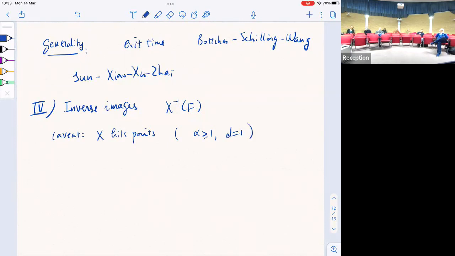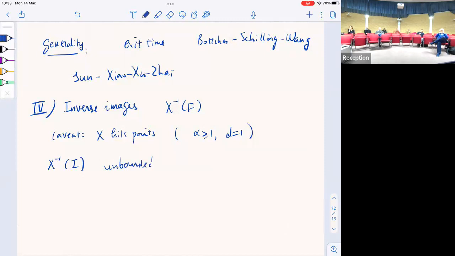So we consider recurrent processes. And typically in this case, the inverse image will be alpha-dimensional, because with the same arguments, you can always cut your set into small pieces at a particular scale for covering the set F, then you go back. So for every interval, we do this covering for just the X inverse of an interval. So this will typically be unbounded.